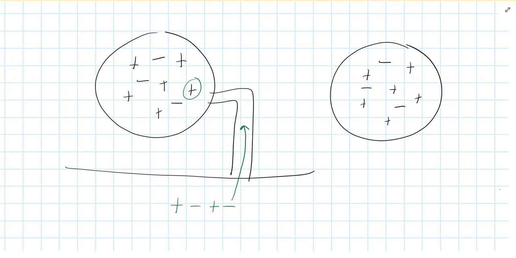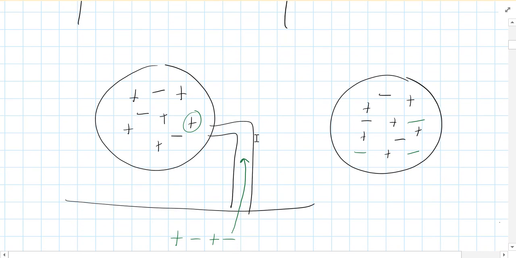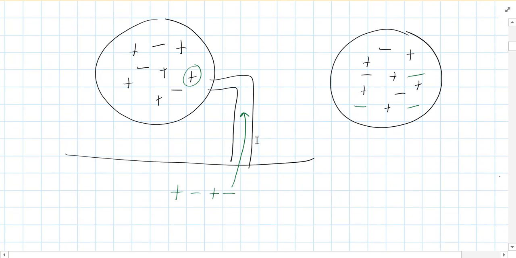What will happen is we'll get 3 more negatives in here until the negatives and positives balance out, in this case 6 apiece. So that's grounding. If there's nothing else going on, grounding tends to make the object neutral. Electrons will either leave the object to make it neutral, or electrons will enter the object to make it neutral.